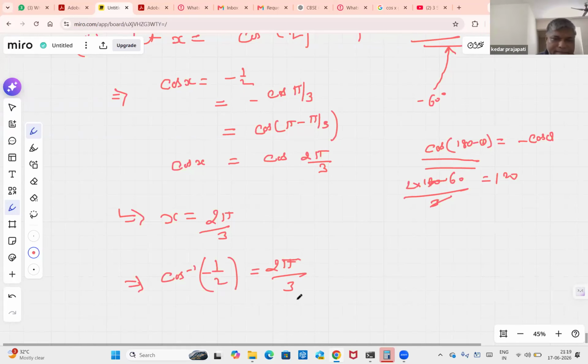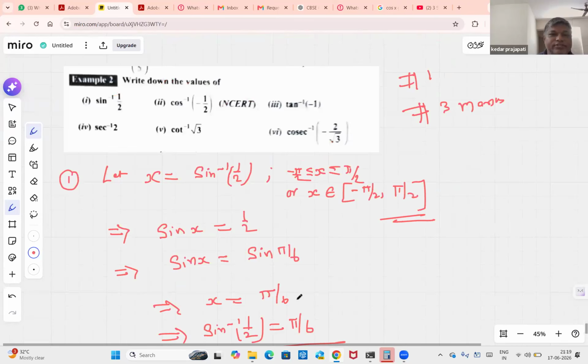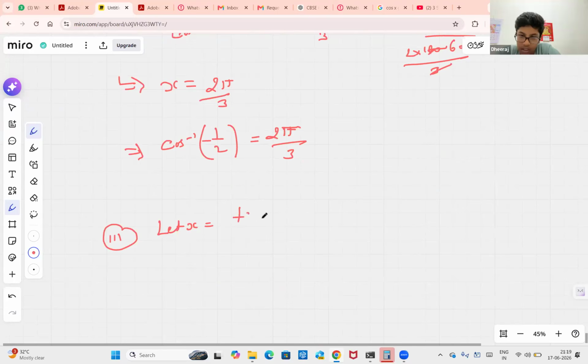Okay. So 2 questions we did. The third one is tan inverse minus 1. If you understand this, it will be very easy. Let x equal to tan inverse minus 1.